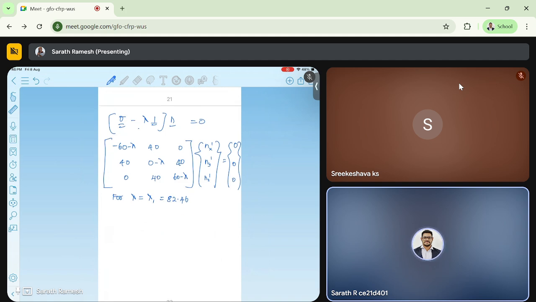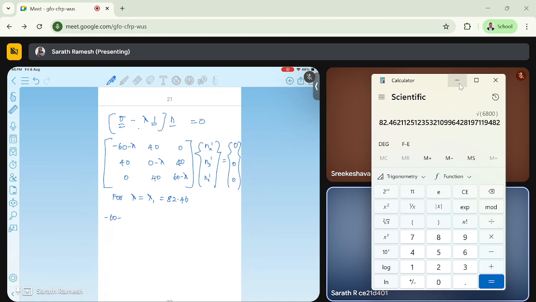This equation will become minus 60, and 82.46 minus 60 is giving me 22.46. 40, 0, 40 minus 82.46, 40, 0, 40, 22.46.